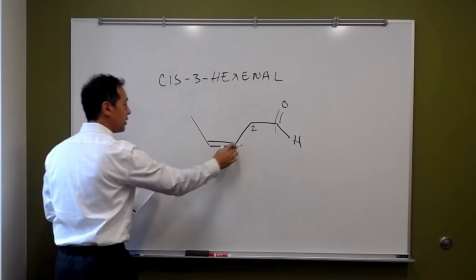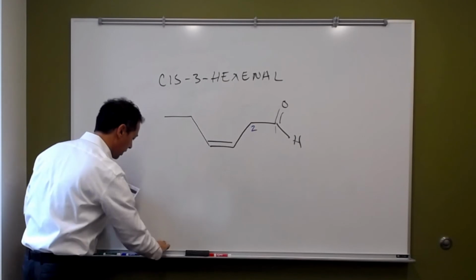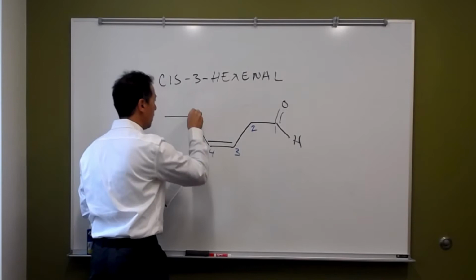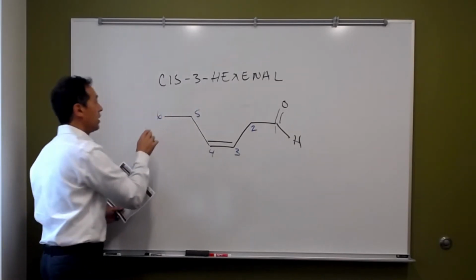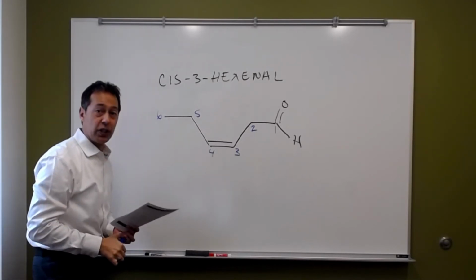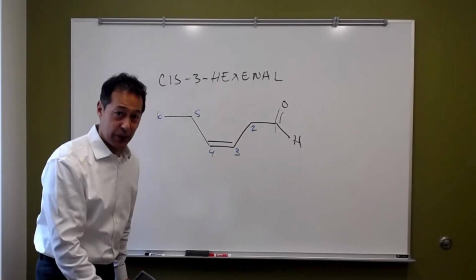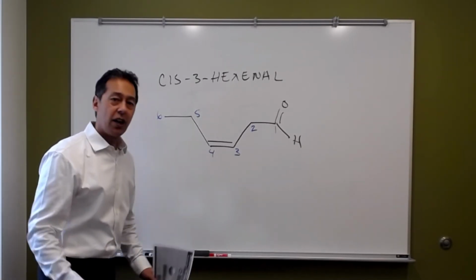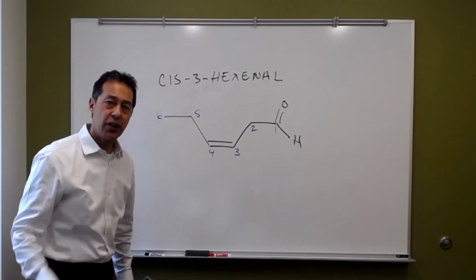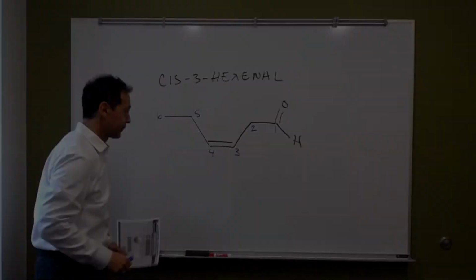So here's 3, 4, 5, and 6. cis-3-hexenal. Now this molecule is what you smell when you smell freshly cut grass. This is what they call a volatile organic compound that when you cut the grass, it gets up into the air and you smell it, and that's the familiar smell for cut grass.